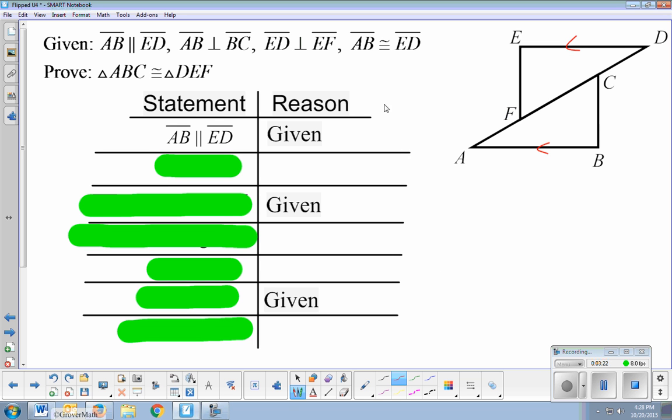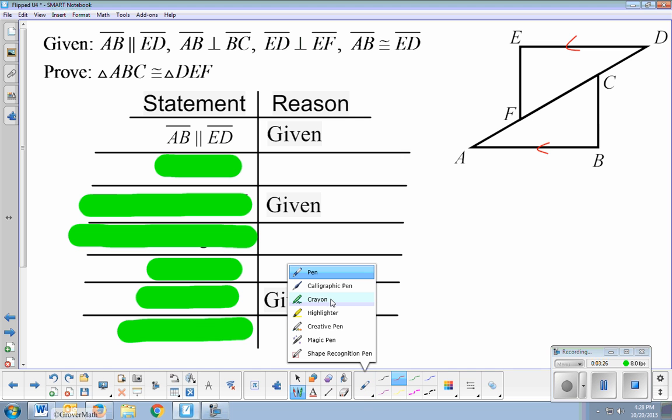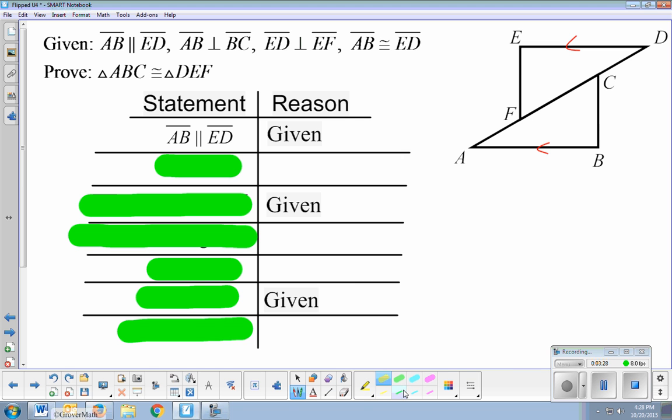So how do I know if it's alternate interior or corresponding? Well, if you remember when we did that unit, you could look for a pattern that if you see a Z pattern, so if I highlight my parallel lines, there's only one line that touches both of them. Like this line doesn't touch both and this one doesn't touch both, but this does. And when I see that Z pattern, that's the alternate interior pattern. It happens a lot whenever you see 2 triangles like this that look like a 180 rotation of each other. That's what causes a lot of alternate interiors.